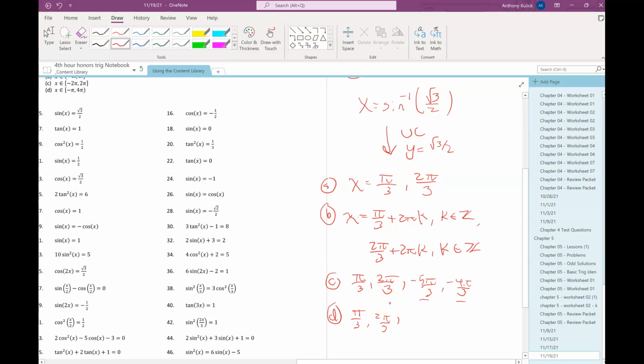And then I'm just going to worry about the stuff from 2 pi to 4 pi. So again, those are just going to be coterminal to pi over 3 and 2 pi over 3. So I'm just going to add 2 pi to both of those. So that's going to give 7 pi over 3 and 8 pi over 3. And that's 15.